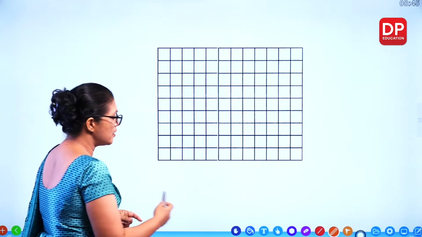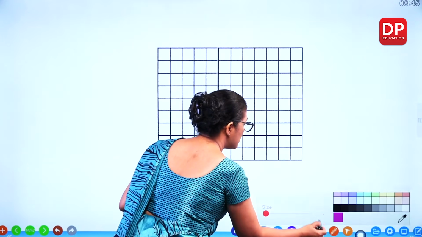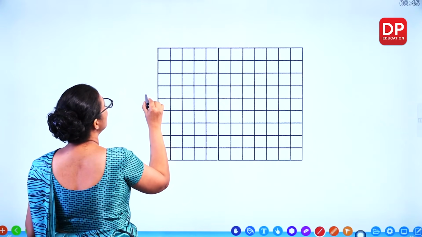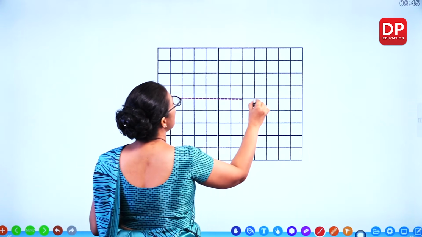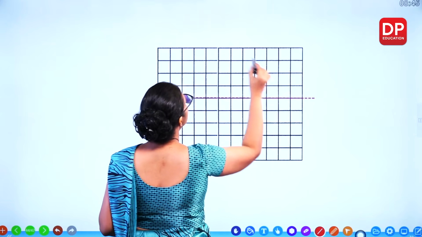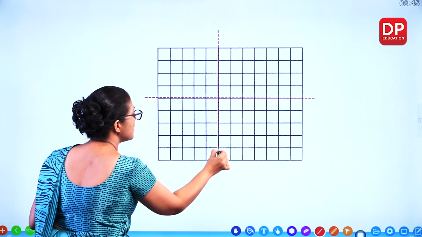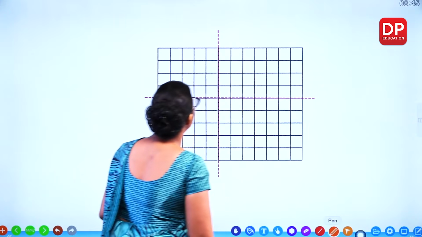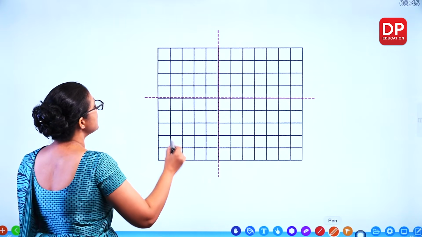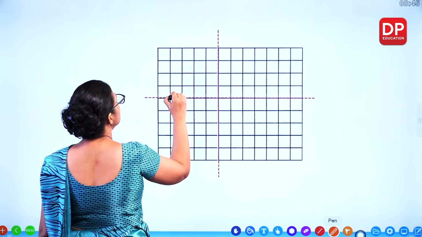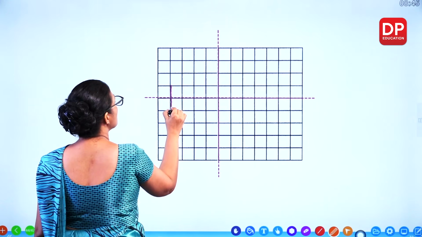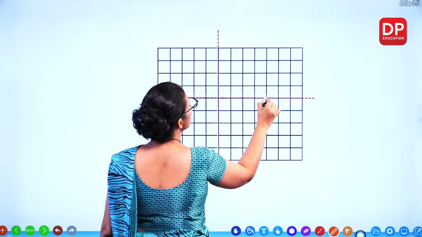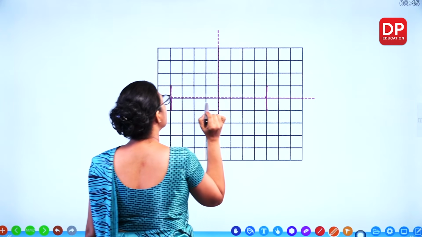We'll take another one. So first draw the two lines. We'll draw one line here and another line there first. Those are the two axes of symmetry. Then you can draw the figure. We'll take one square up, one square down. 1, 2, 3, 4, 1, 2, 3, 4. So one square up, one square down.